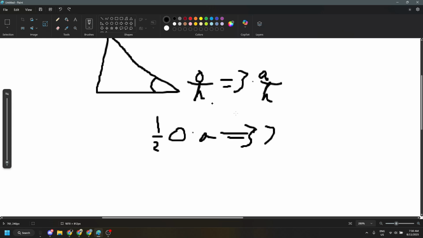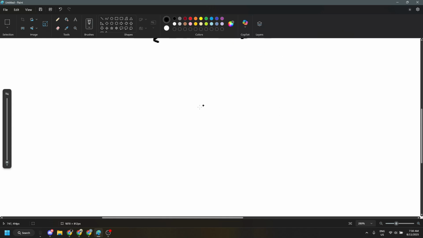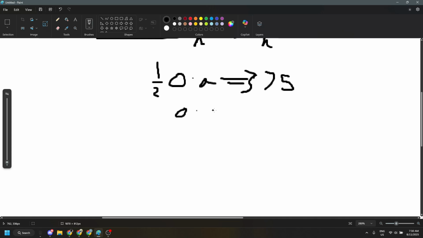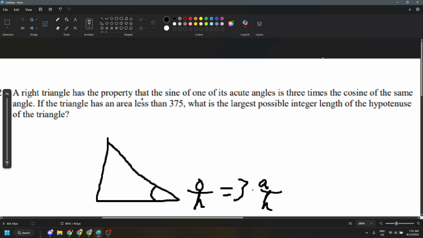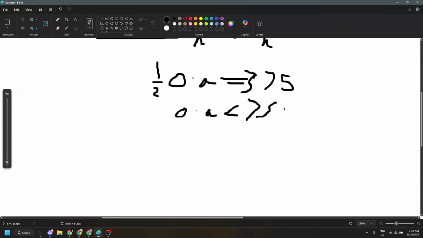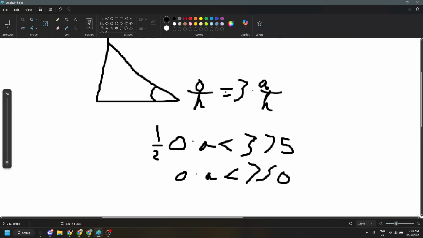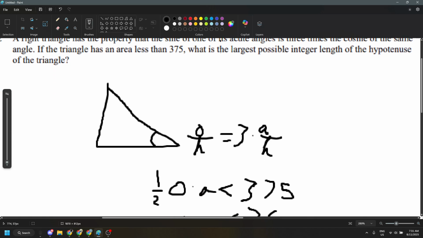That also means that if you multiply this by 2, opposite times adjacent is less than 750. So yeah, that gives us something. But we want the max possible length of the hypotenuse.